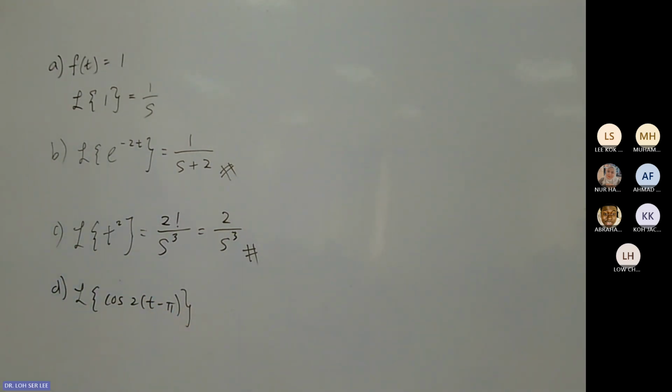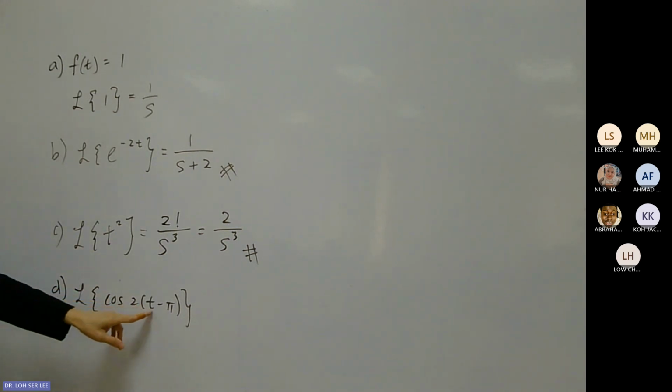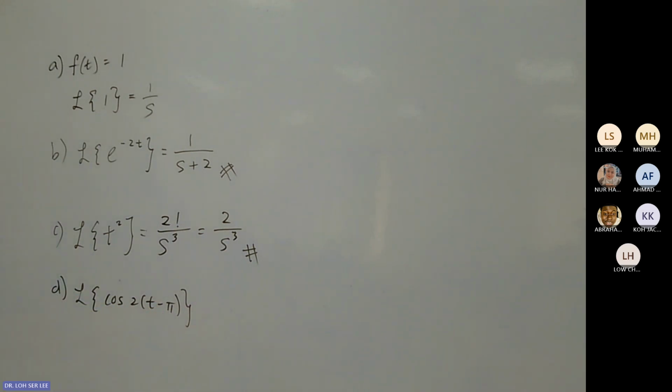For question D, cosine. We know that for cosine, we have to choose cos at. But the formula given is only for at, a times t, while here you have 2t minus 2 pi. So before we apply the formula, we have to simplify.